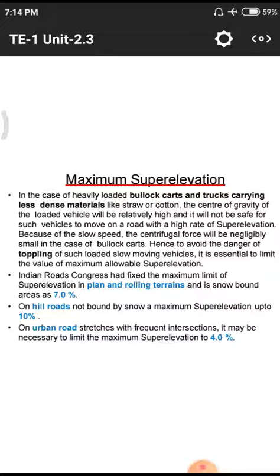Since the vehicle carries low density materials, the total weight on the vehicle is also low, so at any speed there will be a smaller amount of force acting on those vehicles.